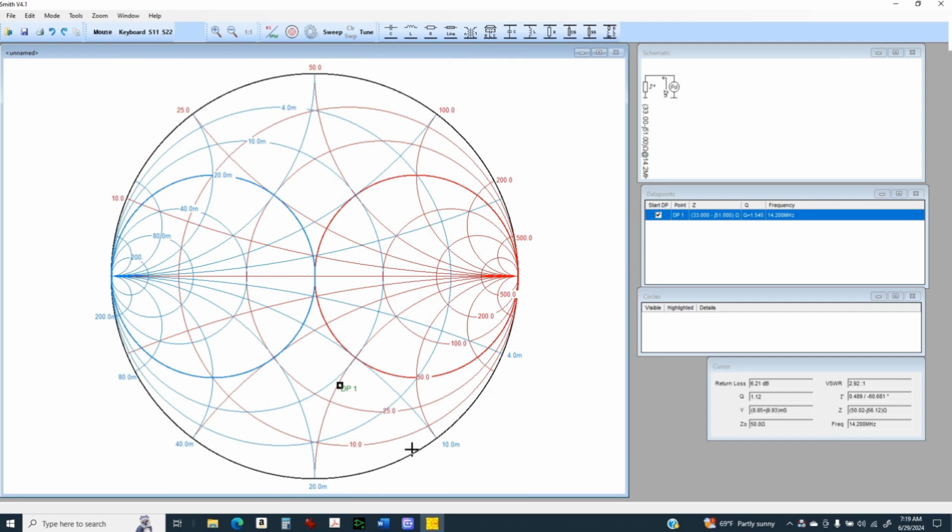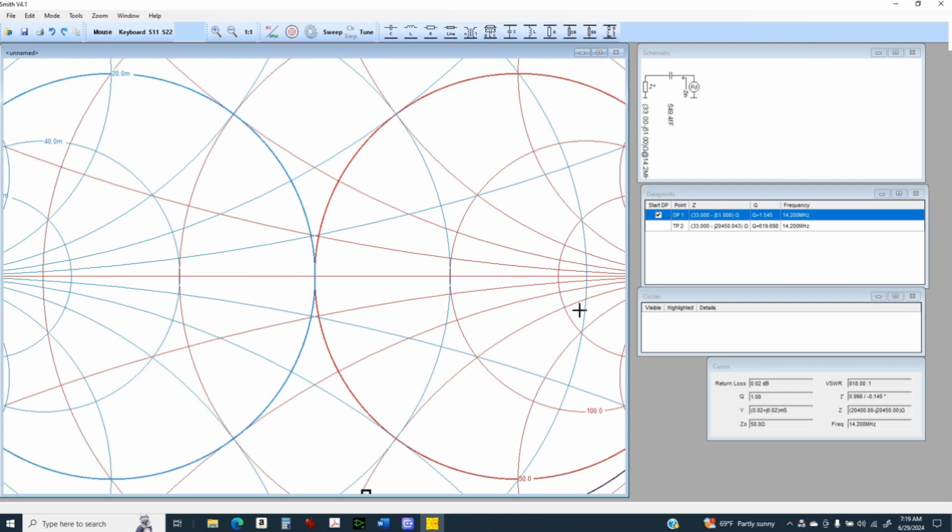We used a shunt inductor as the first component. Let's use those same 2 components, series capacitor and shunt inductor, but let's put them in the opposite sequence. Let's start with the series capacitor. Where does that take us? That will take us up here to the infinity point on the real axis. Interesting.